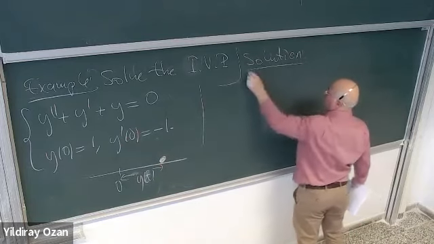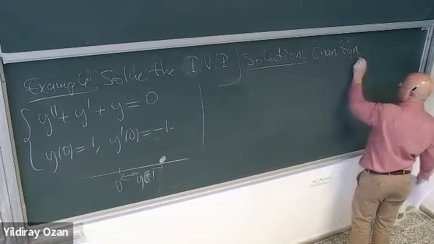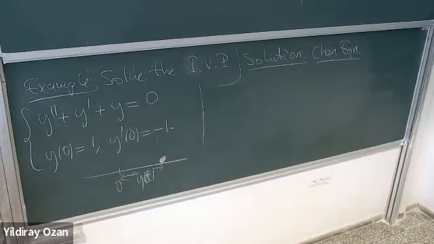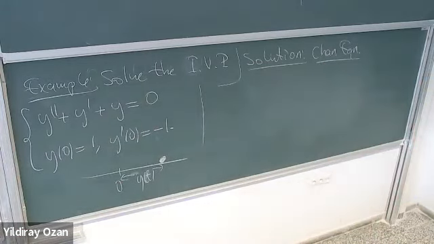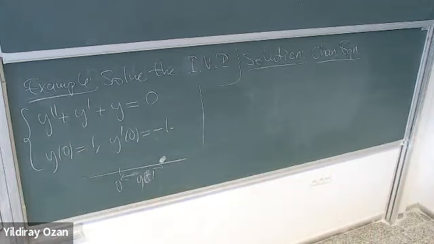So how do we solve this? We write down the characteristic equation. What is the characteristic equation? If it is a times y double prime, b times y prime, and c times y, the characteristic equation is basically the same equation where the derivatives of y are replaced by the powers of m.